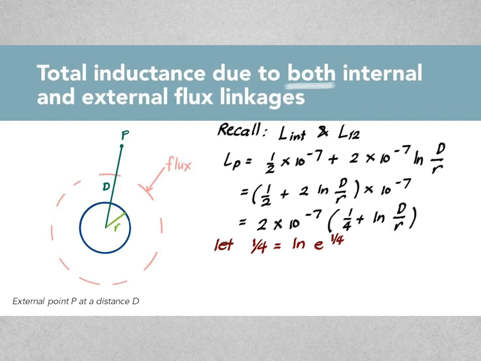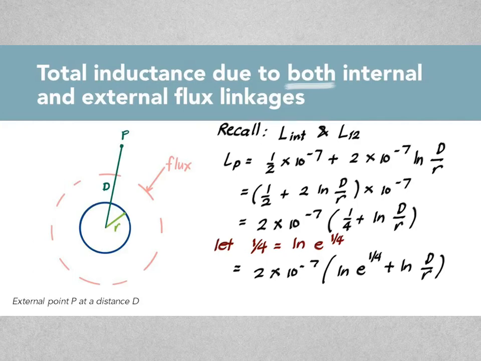Applying this 1/4 equals ln e^(1/4) to the parentheses will give you this, and simplifying the parentheses using the properties of natural logarithm, ln e^(1/4) plus ln D over R will be simply combined as a product.